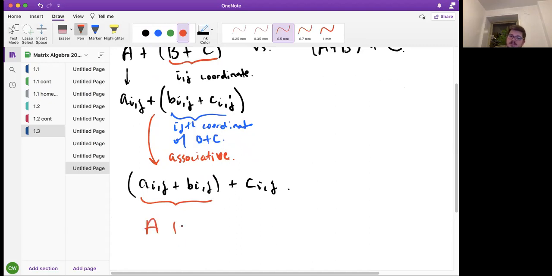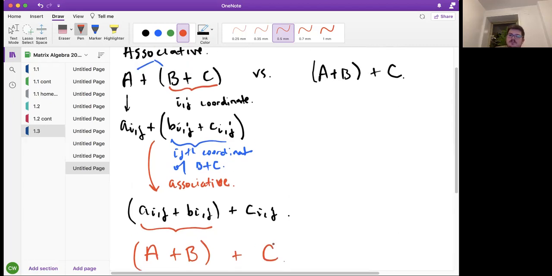A plus B, yeah. And Cij is entries of what matrix? C. So we've shown that A plus B plus C is equal to A plus B plus C. So matrix addition is associative.